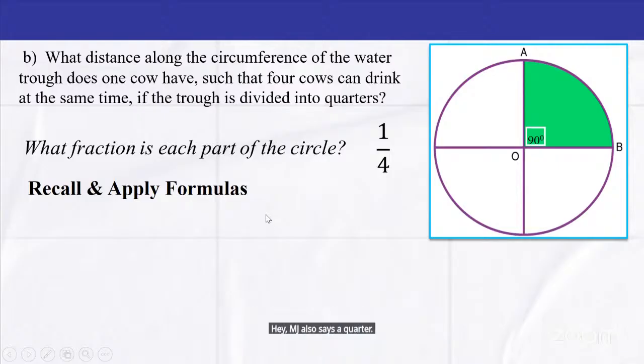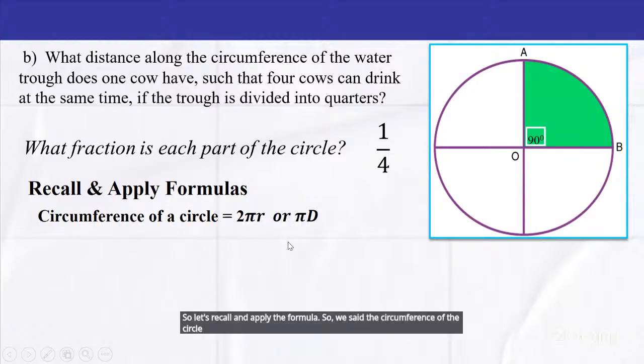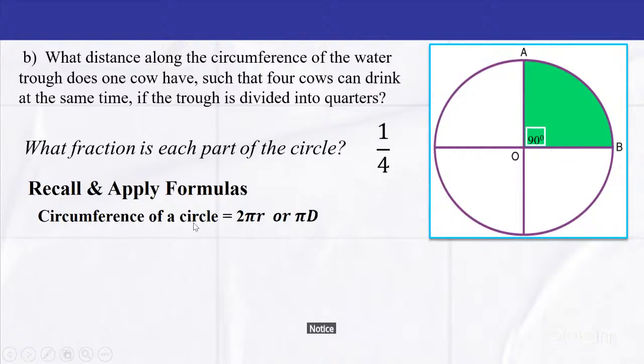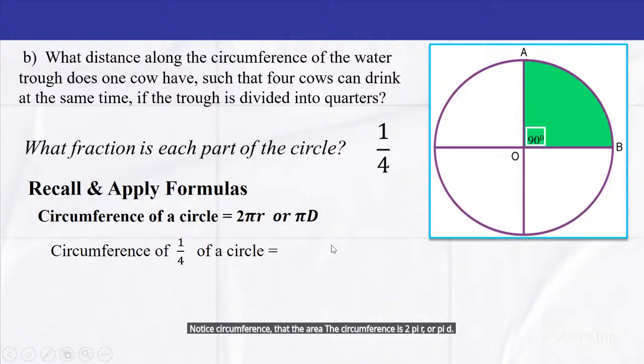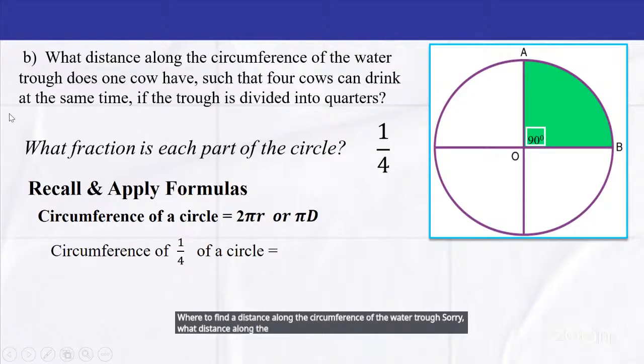So let's recall and apply the formula. We said the circumference of the circle is 2 pi r, or pi times diameter. Notice the circumference, not the area. So we're going to apply this formula to find the distance along the circumference of the water trough that one cow has.